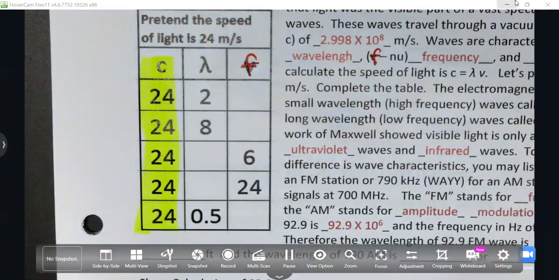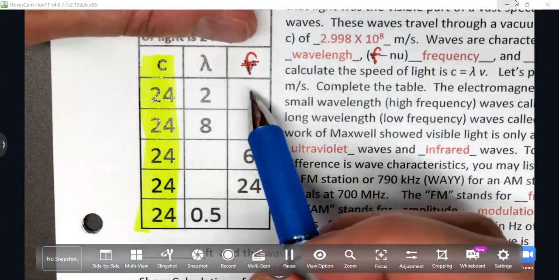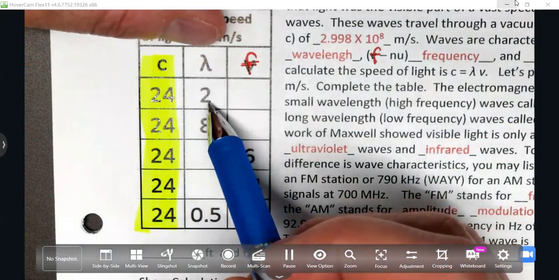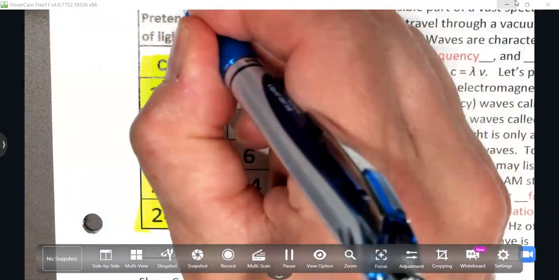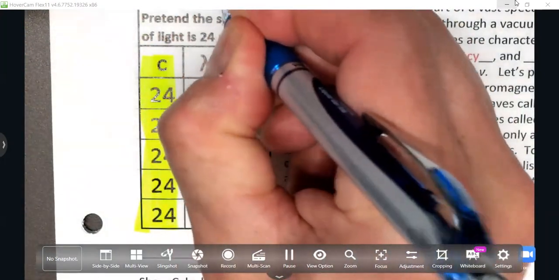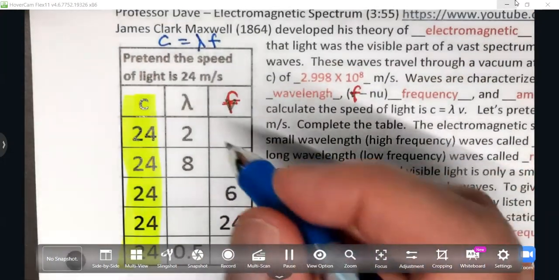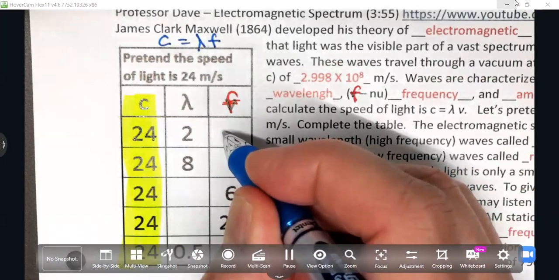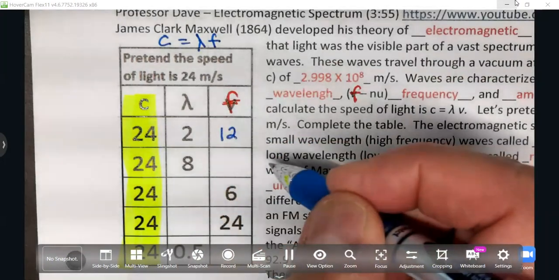What you have control over is your frequency and your wavelength. Well, what if your wavelength is 2, and we know that c is equal to wavelength times frequency? What's my frequency here? 12, right?